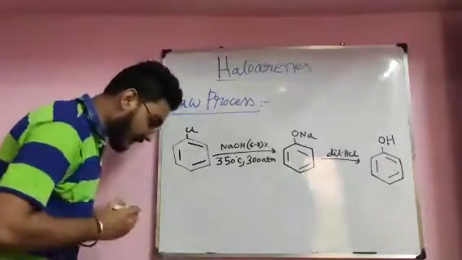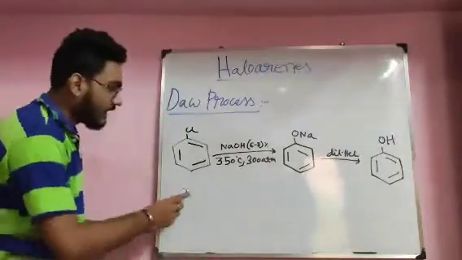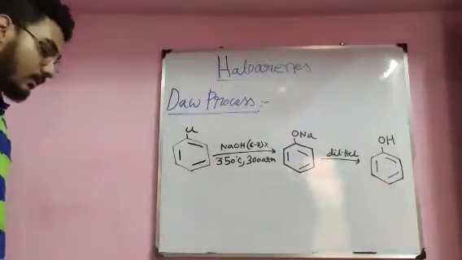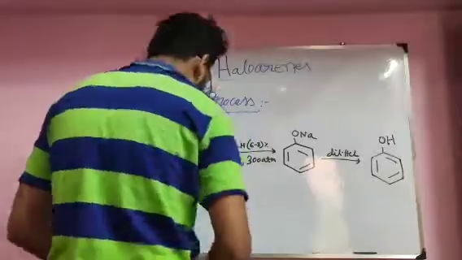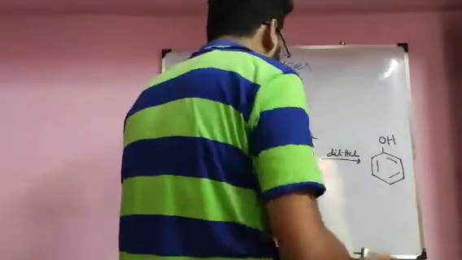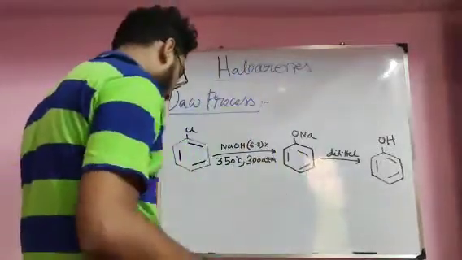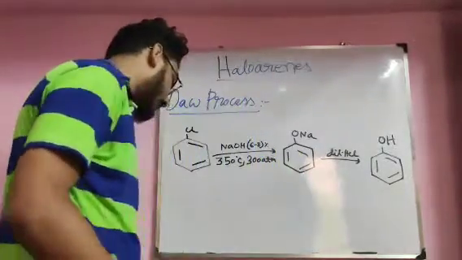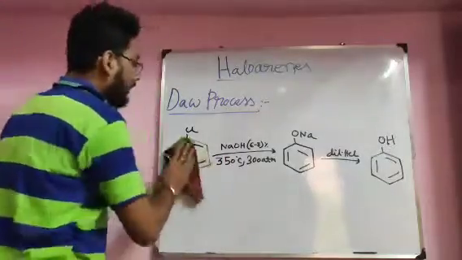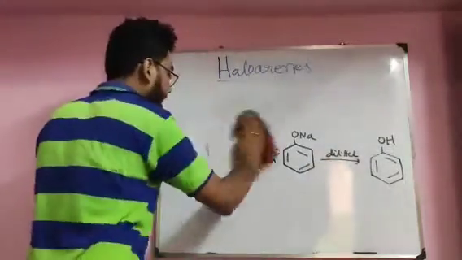We can easily convert chlorobenzene to sodium phenoxide and phenol. Okay. Next we get some tricks from chlorobenzene to several reactions, that is chlorobenzene to aniline, chlorobenzene to cyanobenzene, etc. Okay, now we can see it.